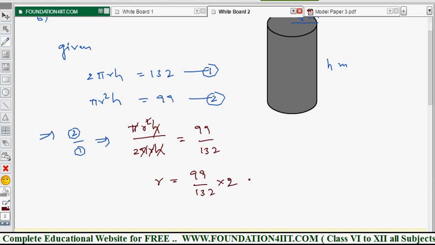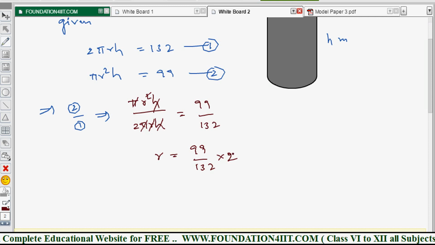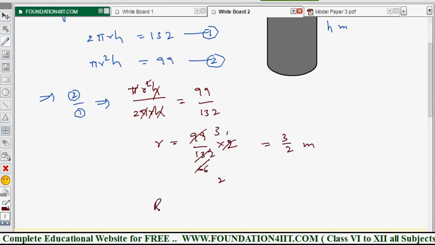The 2 is dividing here. Then cancel 99: 1, 0, 2, 66. Then 99, 66, so 3 by 2 meters. Therefore the radius of the cylinder is 3/2 meters.